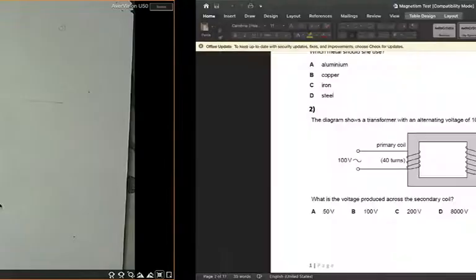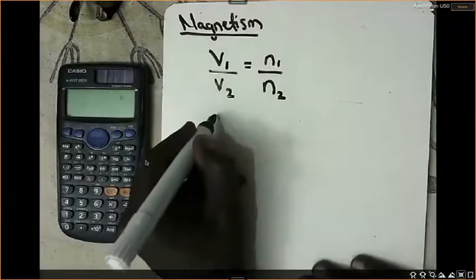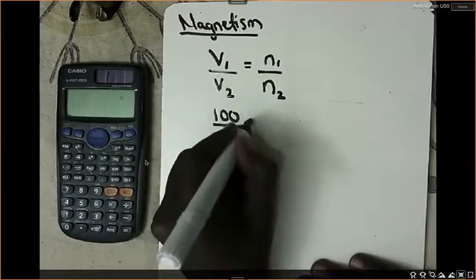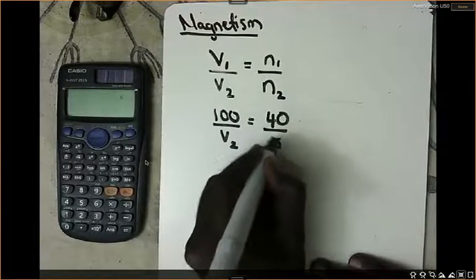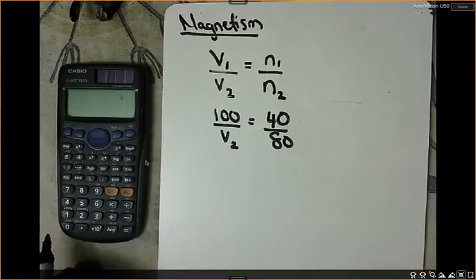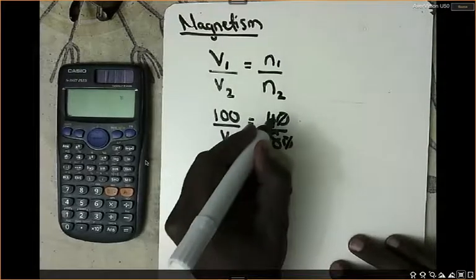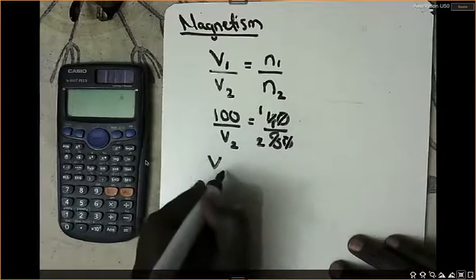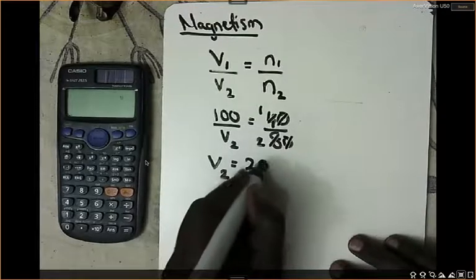V1, input voltage, 100, over V2 equals 40 over 80. Okay, I can cancel out these and I can say 1 over 2, then cross multiply, V2 equals 200.